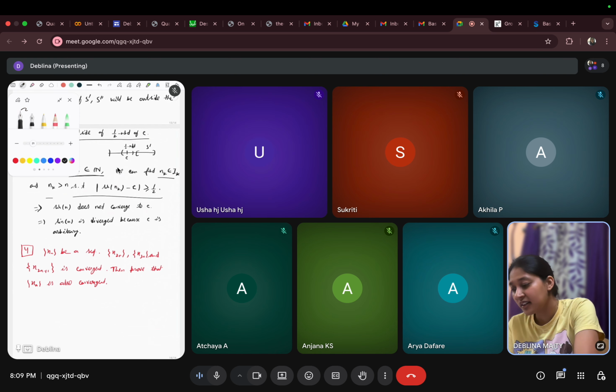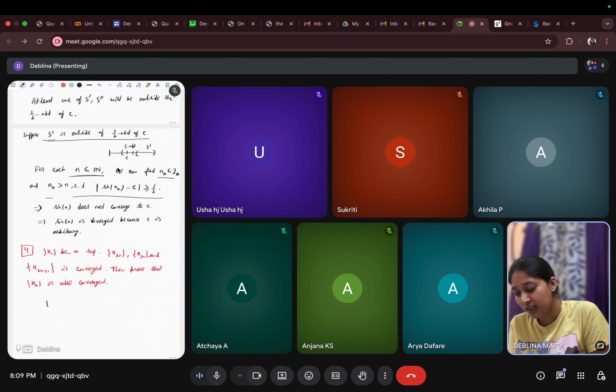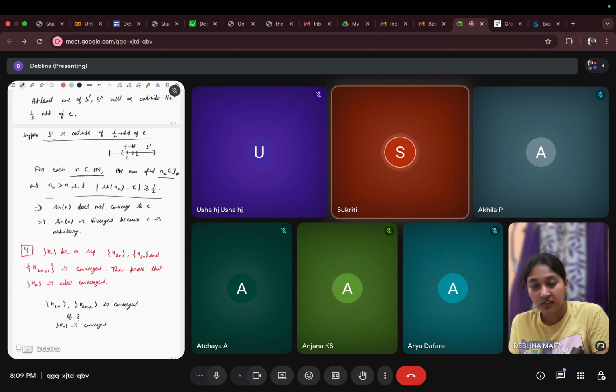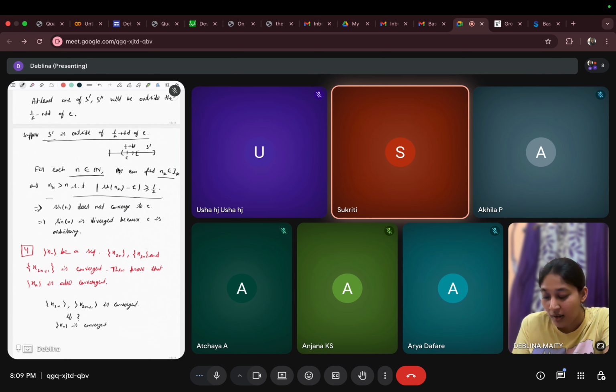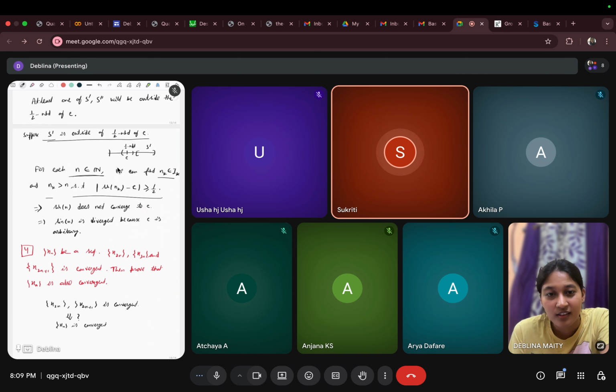See, if we are given that x2n and x2n plus 1 are convergent, then does it imply xn is convergent? Yes, ma'am, it should. Why? Ma'am, because x2n means all the even subsequences.